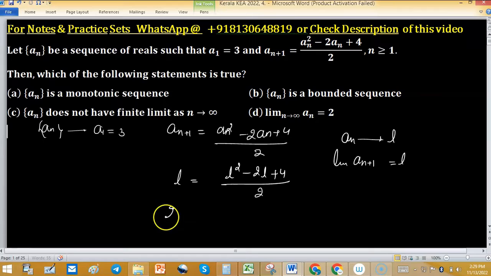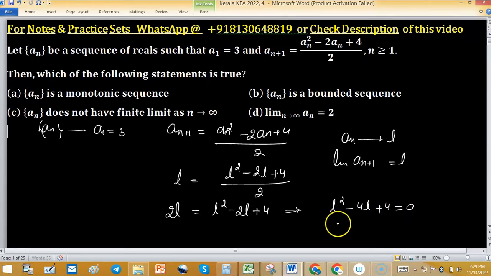What we have? 2L equals L square minus 2L plus 4. This implies that L square minus 4L plus 4 equals 0.